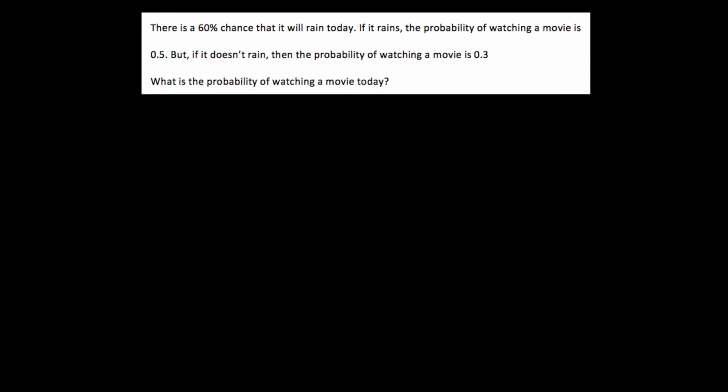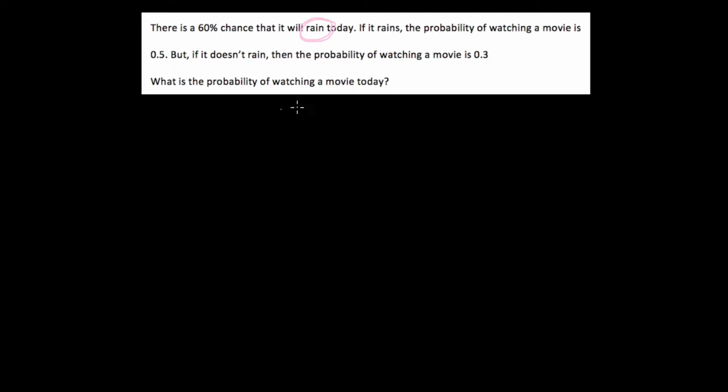To start off, we have two clear events. The first one is rain. The probability of watching a movie depends on the rain. If it rains, then we have a different probability for watching a movie, and if it doesn't, then we have a different probability. The question asks, what is the probability of watching a movie today?